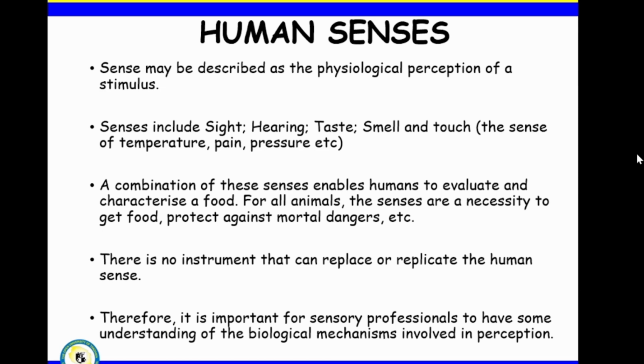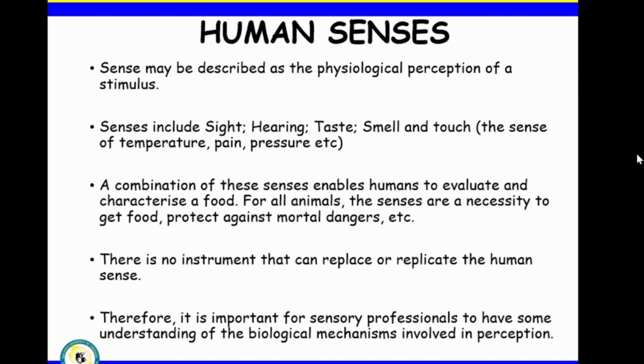Okay. A combination of these senses enables humans to evaluate and characterize a food. For all animals, the senses are a necessity to get food, protect against mortal danger, etc. There is no instrument that can replace or replicate the human senses. Therefore, it is important for sensory professionals to have some understanding of the biological mechanisms involved in perception. We're talking about smelling.